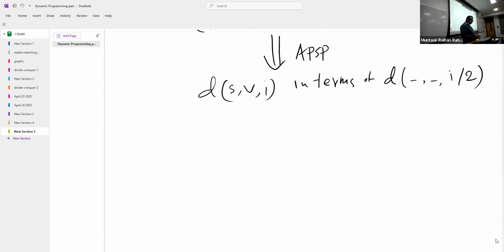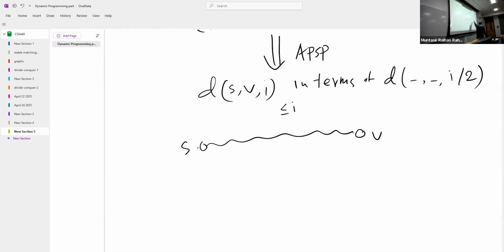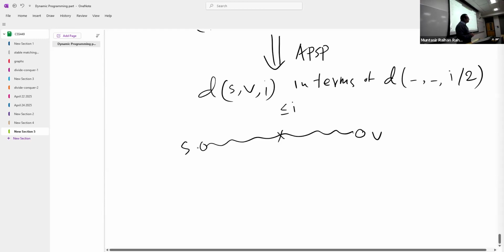Why can I possibly do that? I have a path from S to V which has less than or equal to i hops. So the total path length is less than or equal to i hops. Now if I have such an optimal path, I can obviously break it in the middle into two paths of equal size.